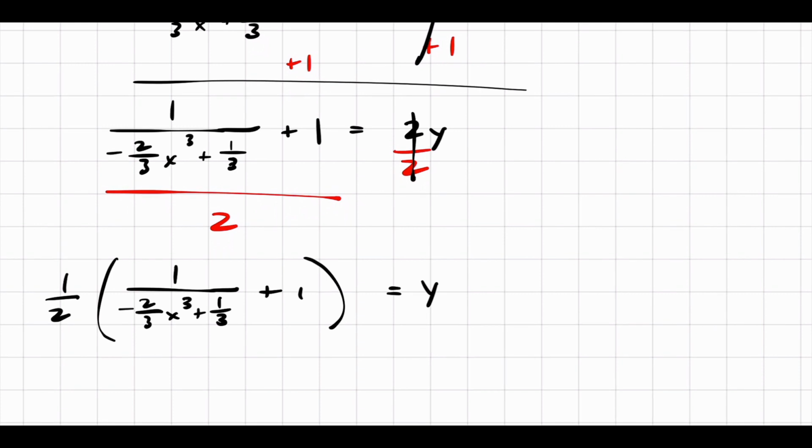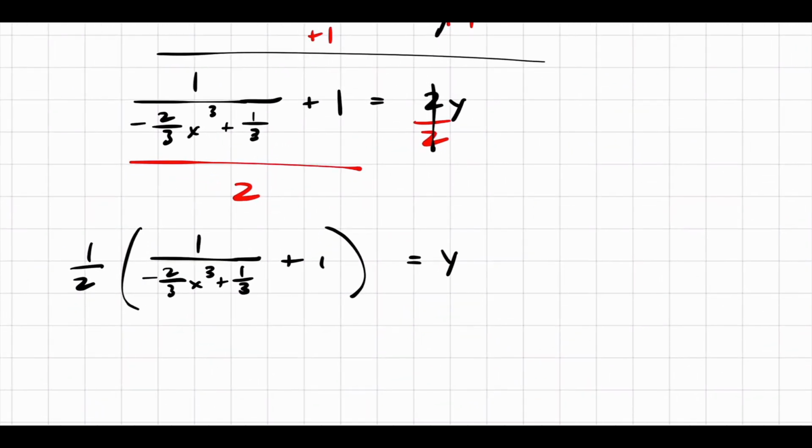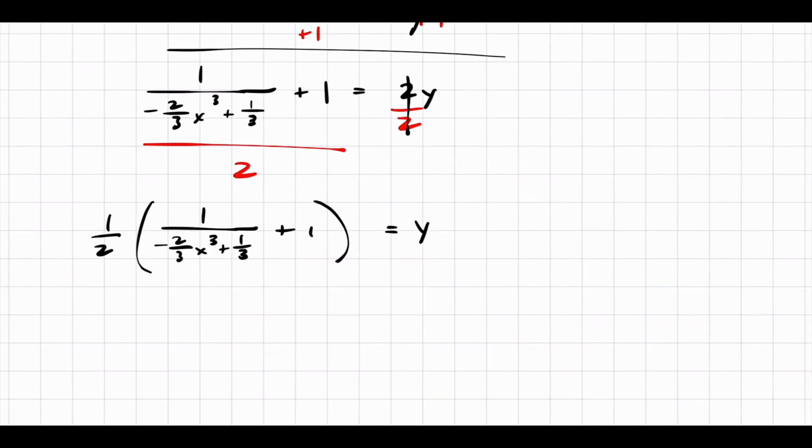It all depends. These questions are more likely going to be multiple choice, so you just go until you find one you like. If you were going to distribute it, you would distribute it to the fraction and to the 1. So if I distribute it to the fraction, I would distribute it to the bottom because the 2 is on the bottom.